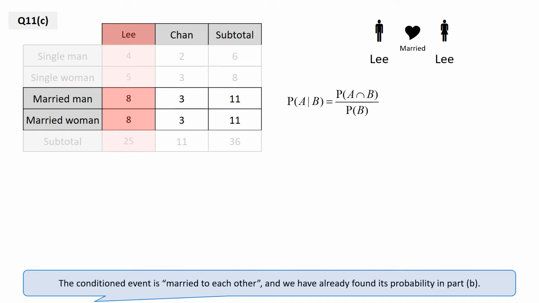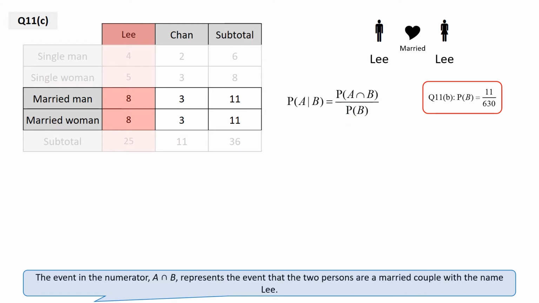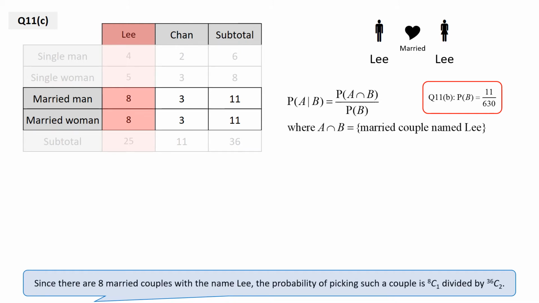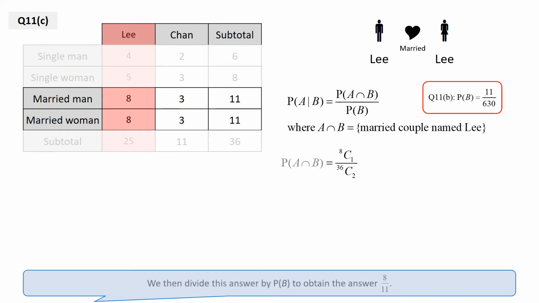The conditioned event is married to each other, and we have already found this probability in part B. The event in the numerator, A intersection B, represents the event that the two persons are a married couple with the name Lee. Since there are 8 married couples with the name Lee, the probability of picking such a couple is 8 choose 1 divided by 36 choose 2. We then divide this answer by probability B to obtain the answer 8 over 11.